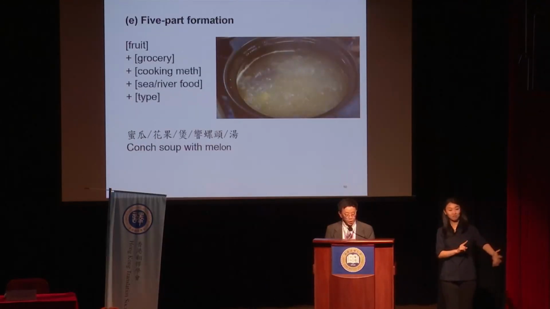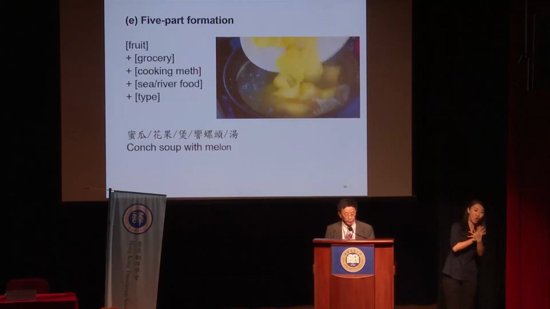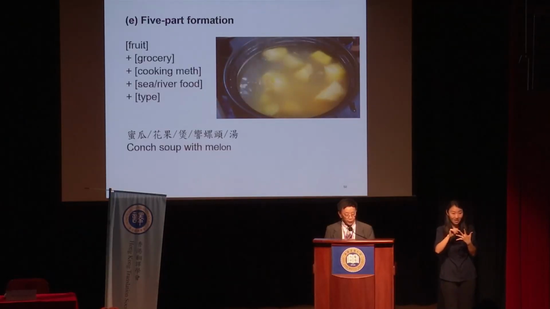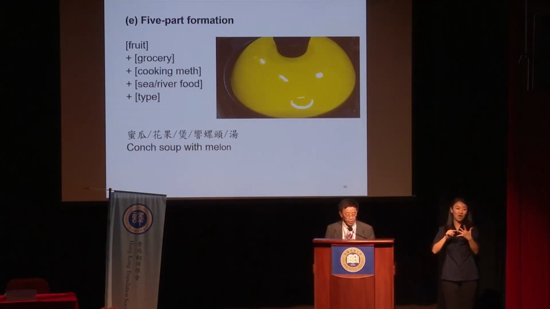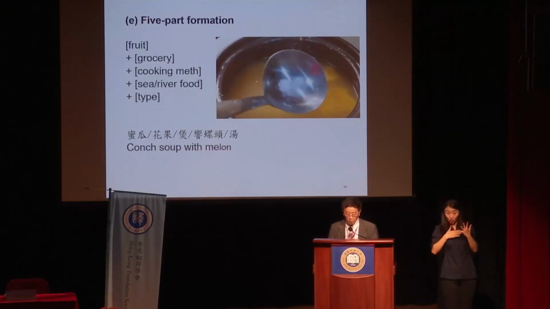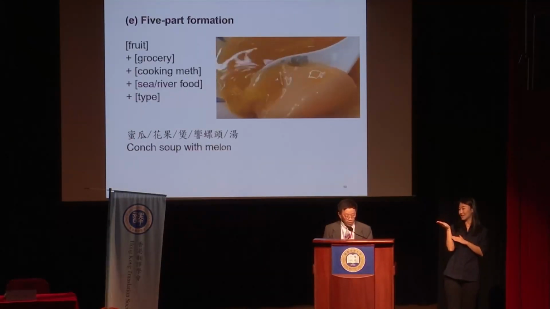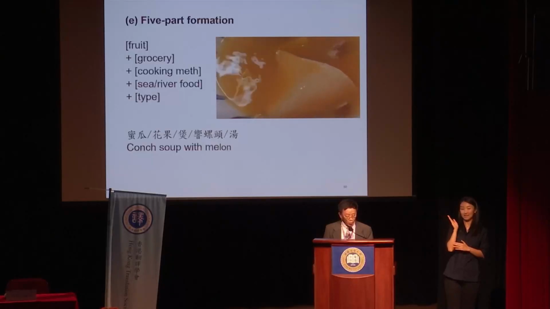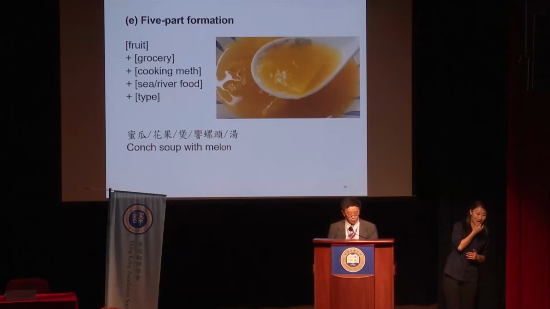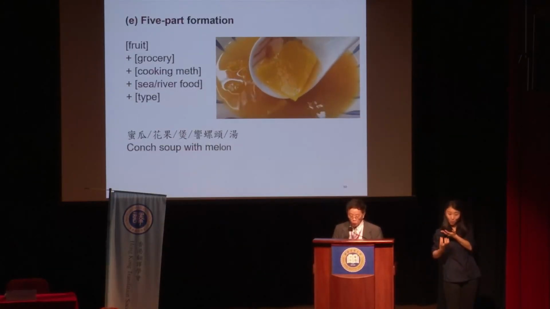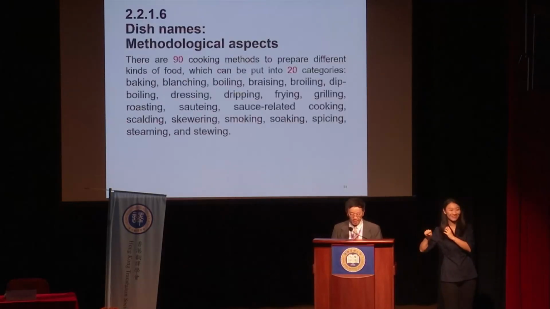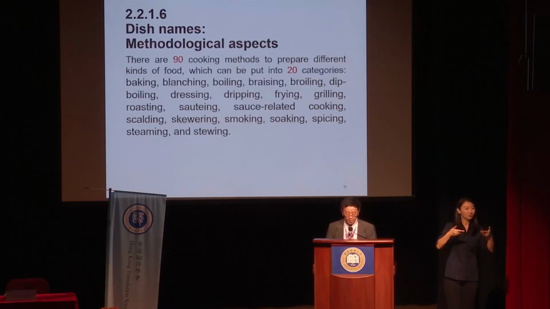You have fruit, grocery, cooking method, seafood or river food, plus the type of food prepared. One example cited would be 蜜瓜花果包响螺头汤. But put it in English, it's simply conch soup with melon. Now, these are the components.